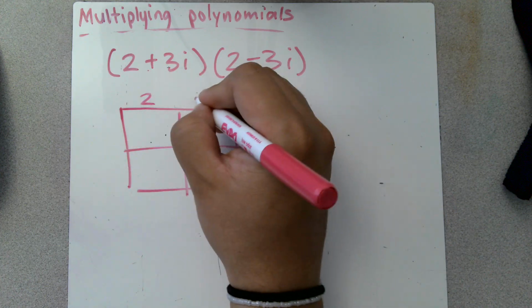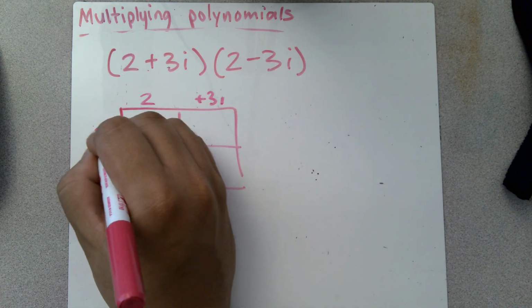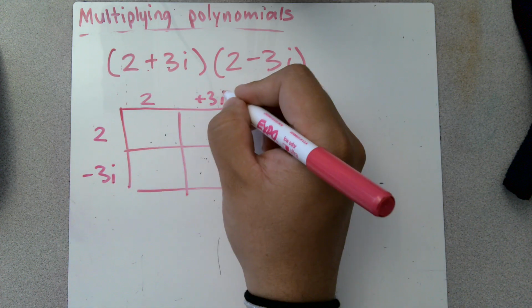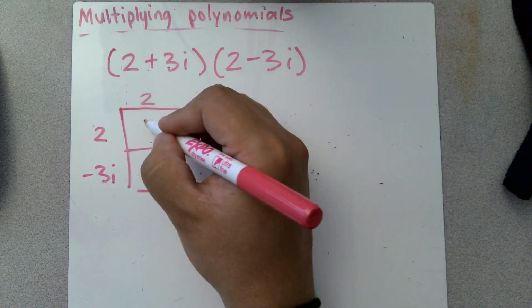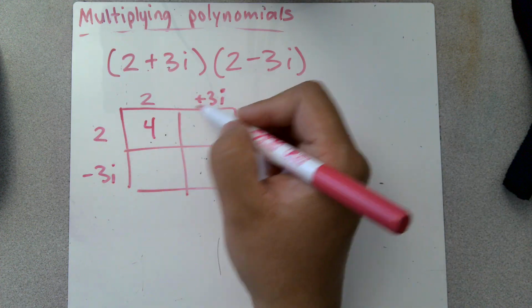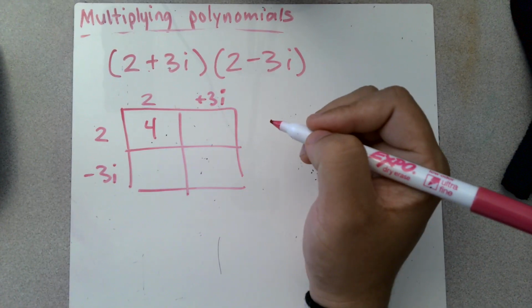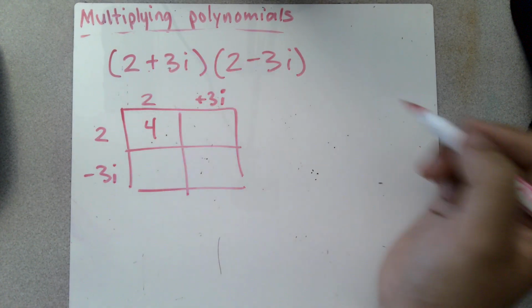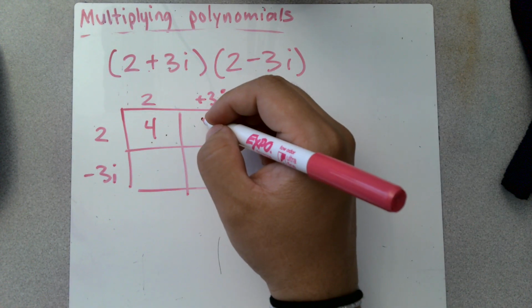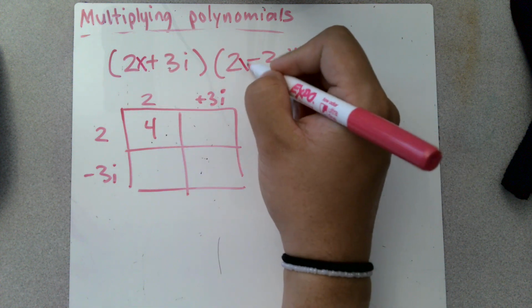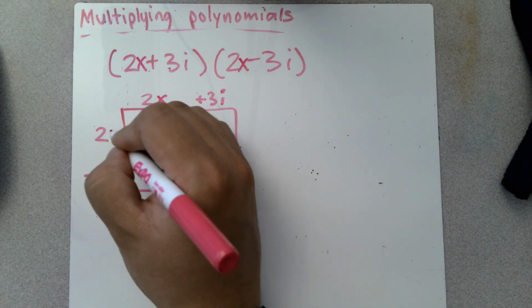So let's say 2 plus 3i, 2 minus 3i. This is 4. This, 2 times 3 is 6, times i is 6i. Maybe I should have put an x there. Let's make this x. Sorry, I'm not going to restart the video.